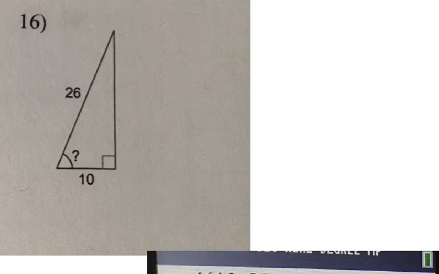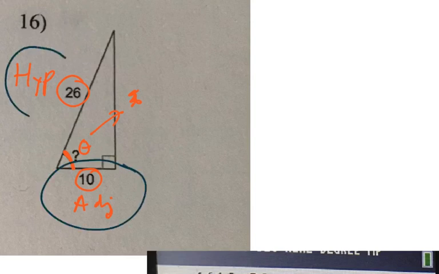On this one, do you agree that theta is down here? That's where the question mark is. Notice the 10 is adjacent to theta. This side that's missing is the one that's opposite, right? We don't have the opposite. We can't use the opposite then. The 26, if you look carefully, is the hypotenuse, the longest side. So here comes the key question.